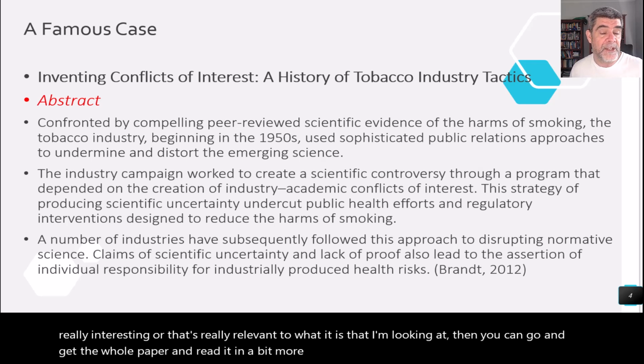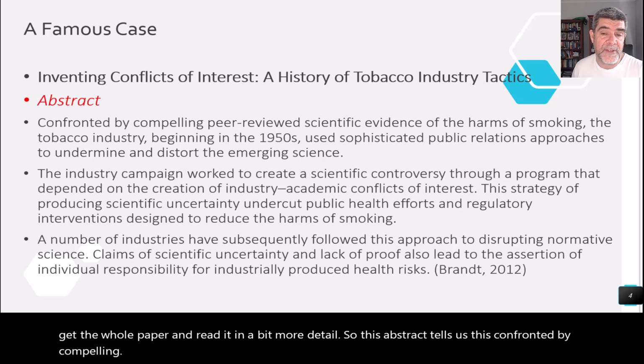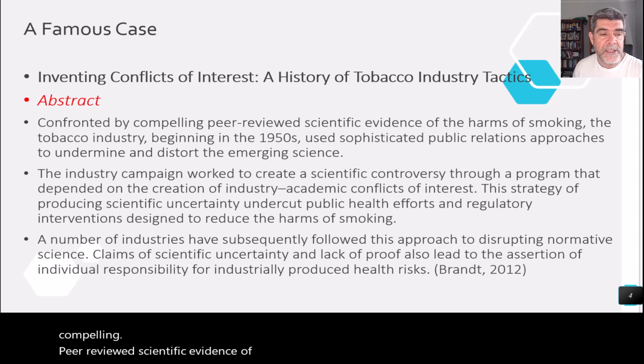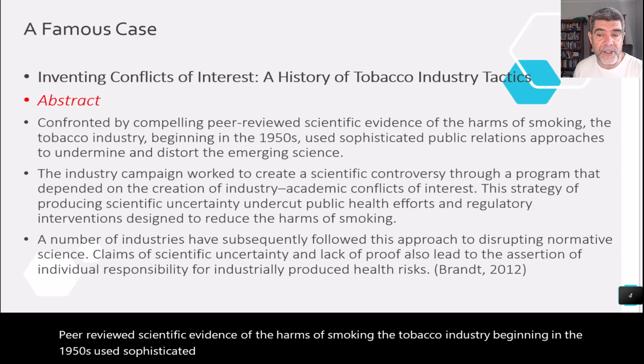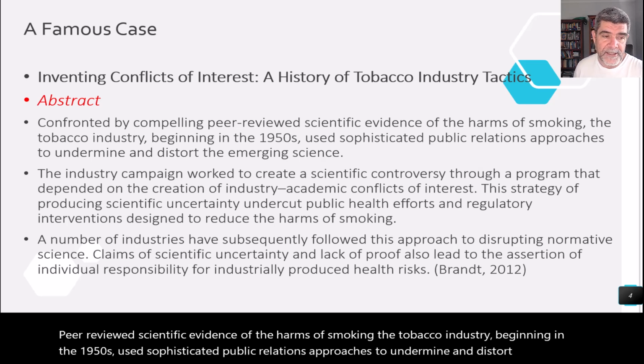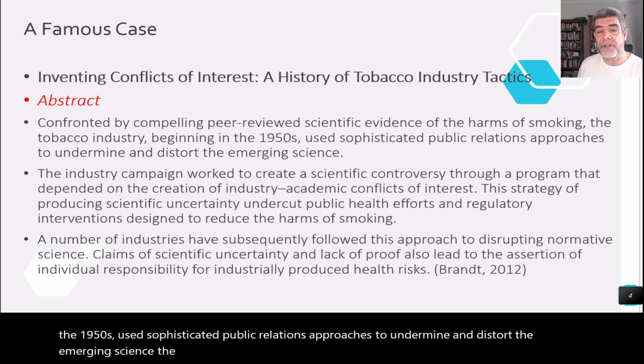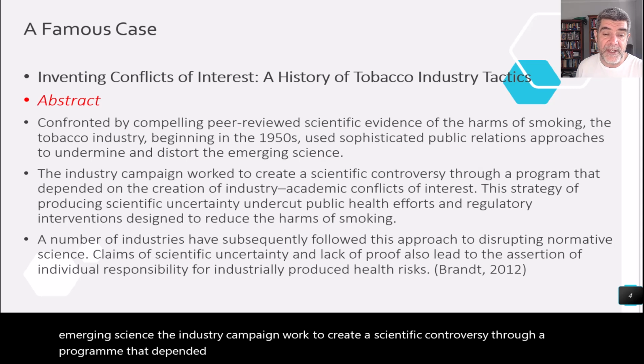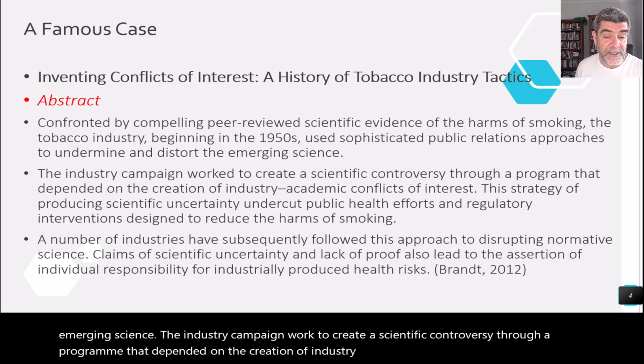So this abstract tells us this: confronted by compelling peer-reviewed scientific evidence of the harms of smoking, the tobacco industry beginning in the 1950s used sophisticated public relations approaches to undermine and distort the emerging science. The industry campaign worked to create a scientific controversy through a program that depended on the creation of industry academic conflicts of interest.